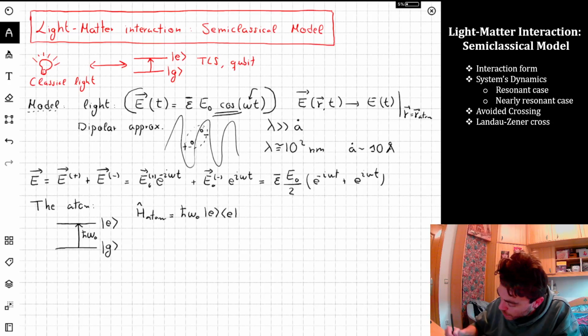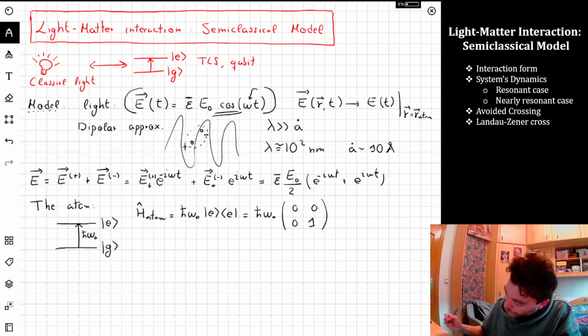This just means that in matrix form, in this eigenbasis, this is 0, 0, 0, 1, right? This is |e><e|, which is this thing, and there is no coupling, for now, between excited and ground state.